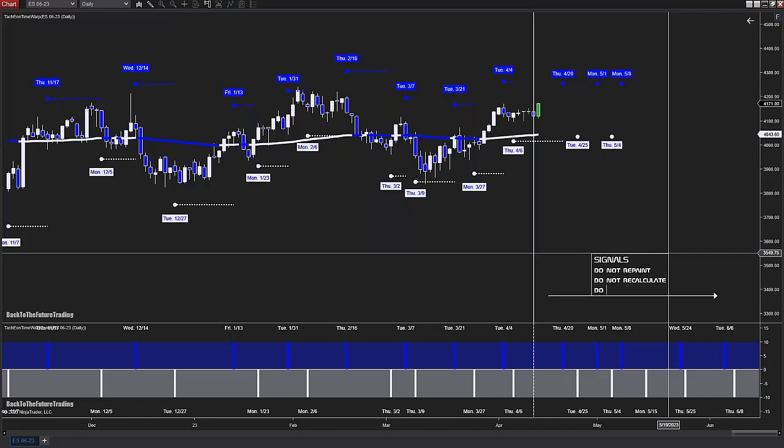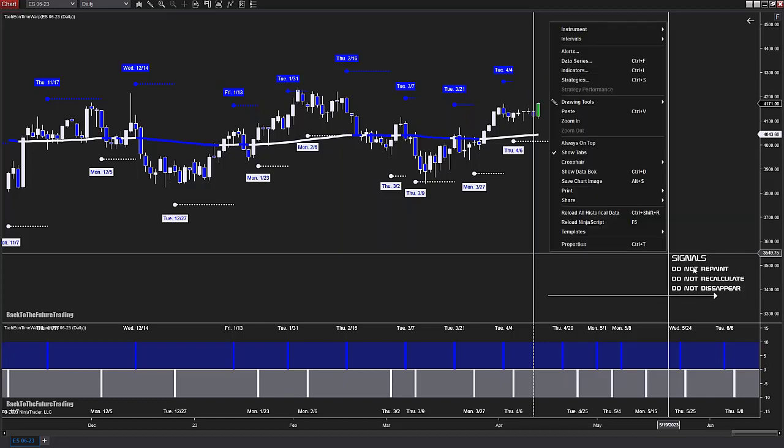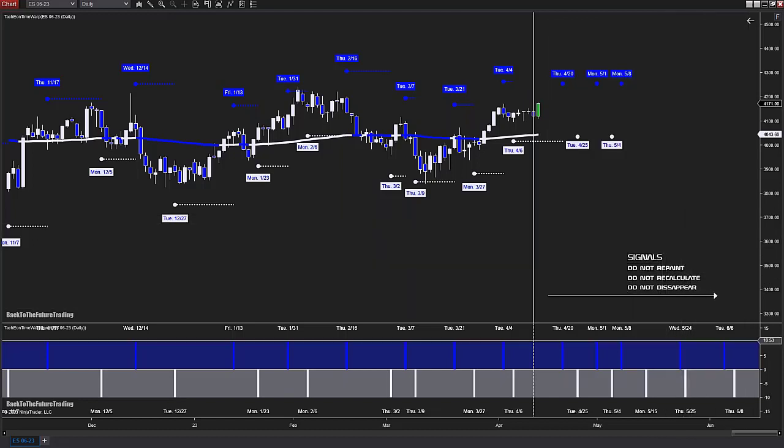They also do not disappear. These signals are the signals. You can backtest them. You can trust they will be there in an hour, in a day, in a week.